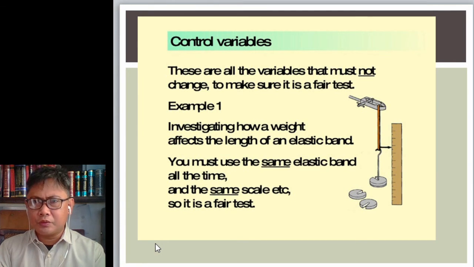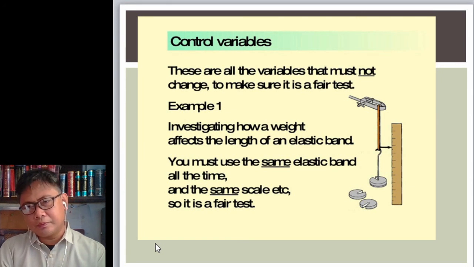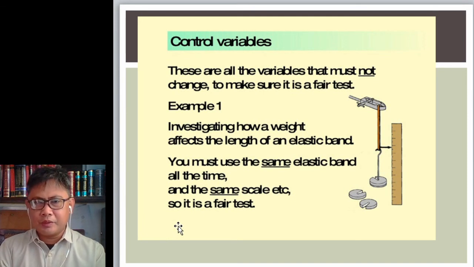In order for you to control these variables, you must use the same elastic band all the time and the same scale, etc., so that your collection and measuring of data will not be affected. The experimenter makes a special effort to keep other factors constant so that they will not affect the outcome of your study.